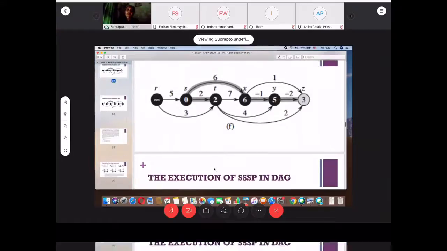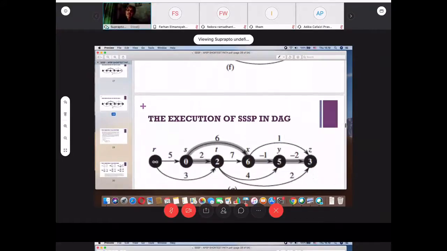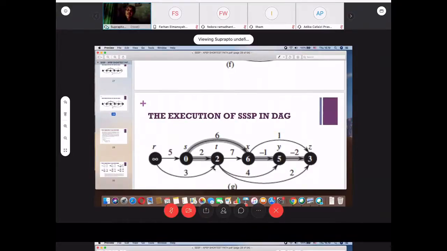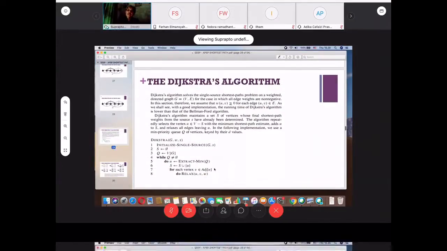So far, there are Bellman-Ford and the DAG shortest path. The input is different, right? The input is different. And the last one is the Dijkstra algorithm. This algorithm solves the single-source shortest path problem on a weighted directed graph for the case in which all edge weights are non-negative.